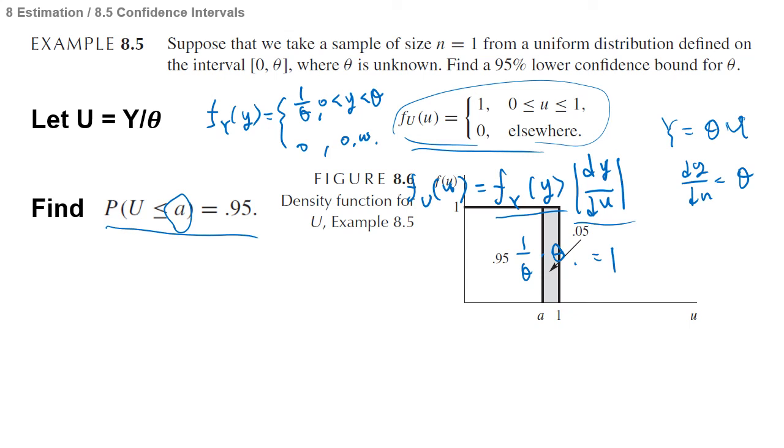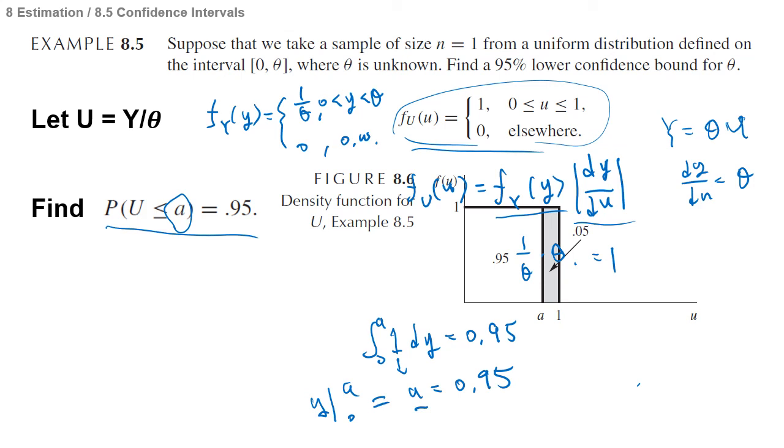From the uniform distribution, the integration of the uniform density from 0 to a equals 0.95, and integrating this, we get a, so a equals 0.95.